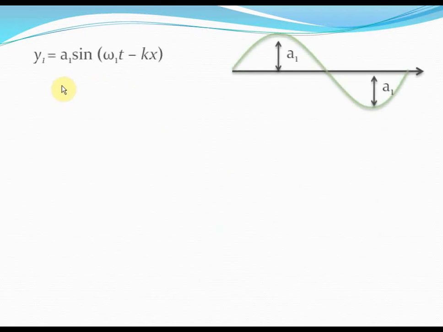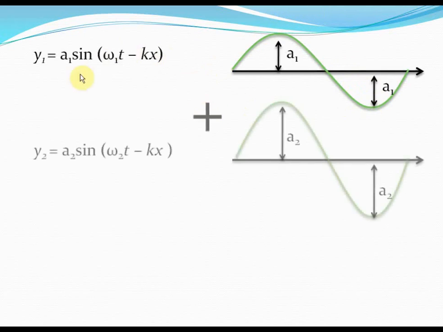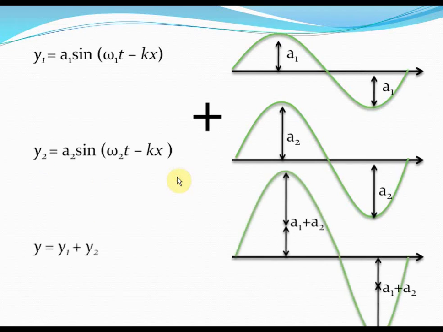So we can conclude that if there is a wave which displaces the medium particles in accordance with y1 equal to a1 sine(omega1 t minus kx), and if there is another wave which displaces the medium particle such that y2 equal to a2 sine(omega2 t minus kx), then the resultant wave is simply y1 plus y2.